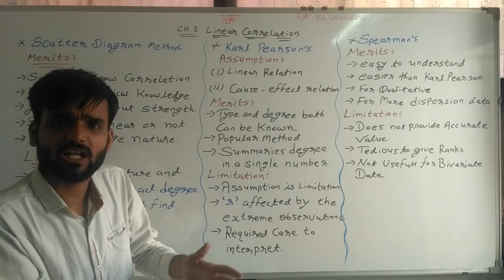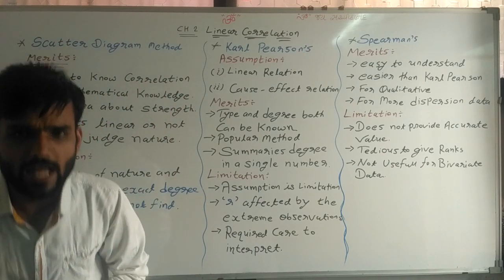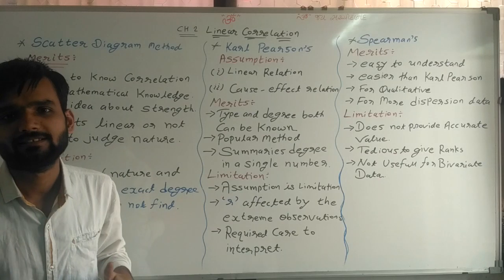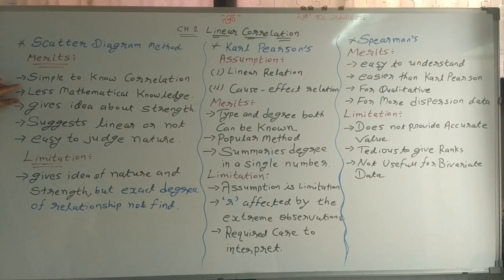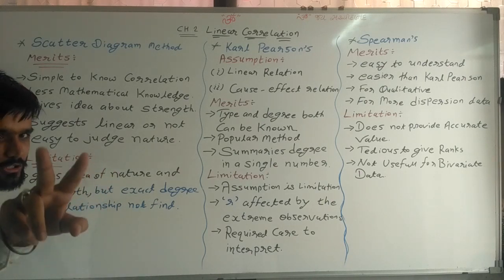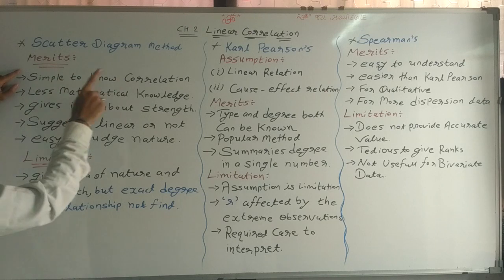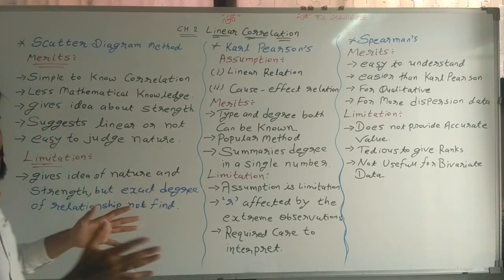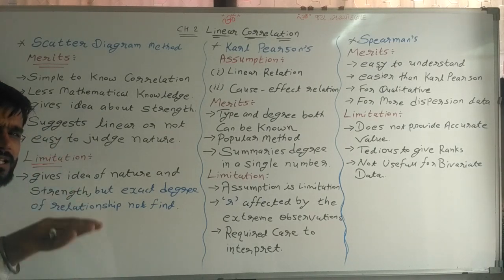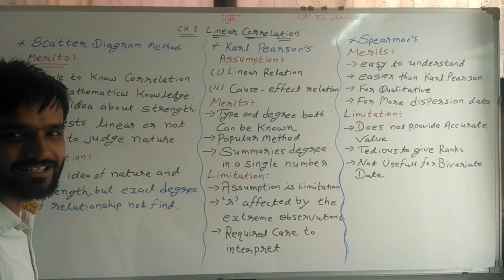If a person has graphical knowledge, then he can draw the diagram, and that diagram becomes very easy. So, less mathematical knowledge is required to draw the diagram. Again, two things: simple to know correlation, by this method correlation can be known easily; second, less mathematical knowledge is required.